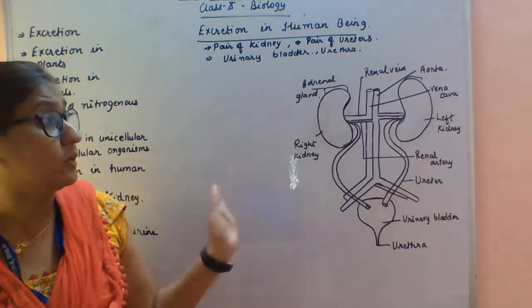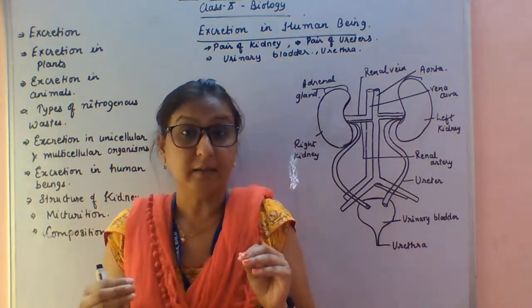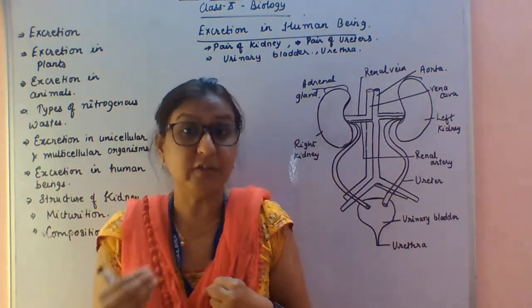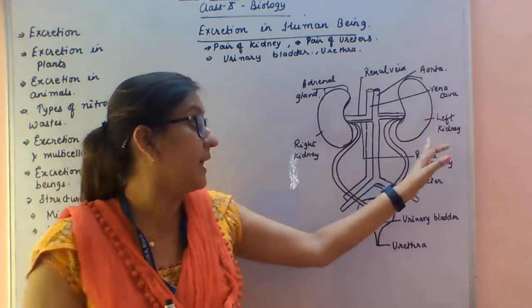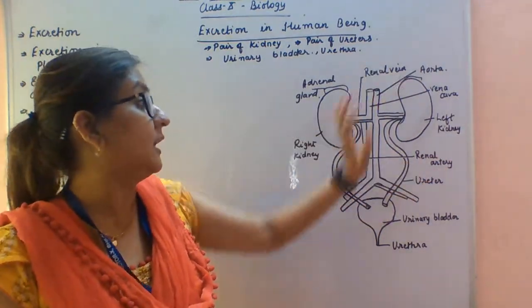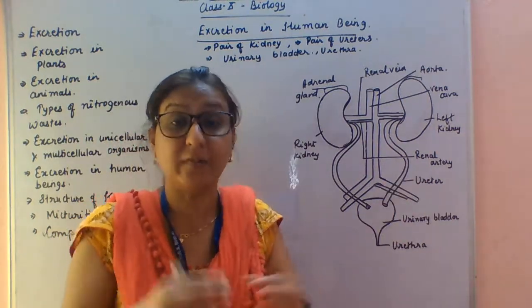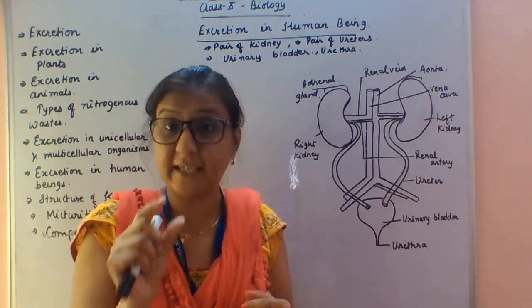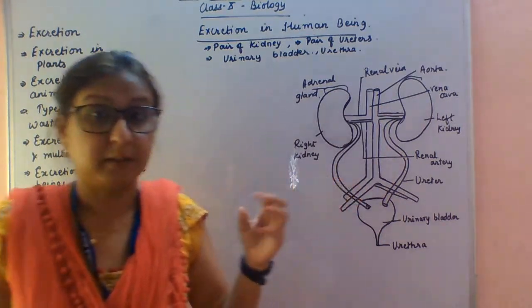I told you the oxygenated blood laden with impurities comes through the left and right renal arteries. Whenever we say the term renal, it is connected to the kidney.